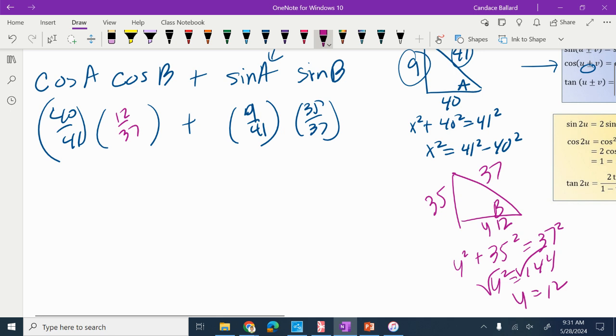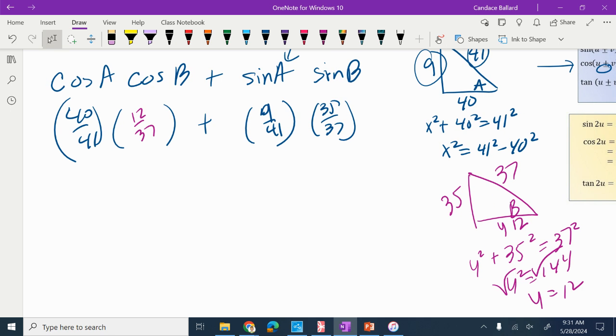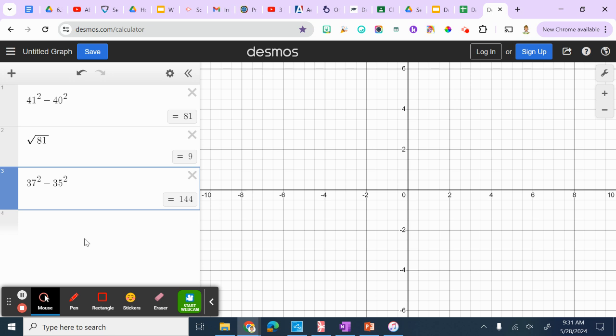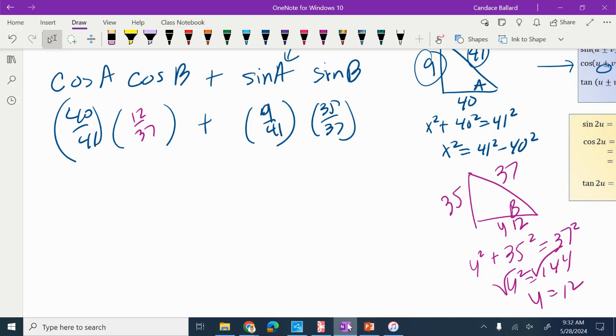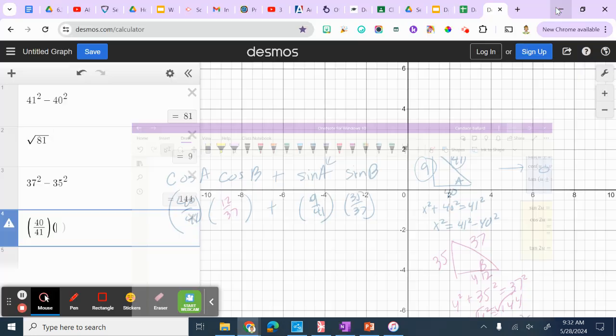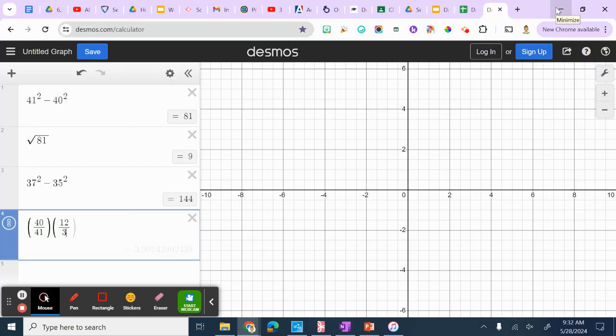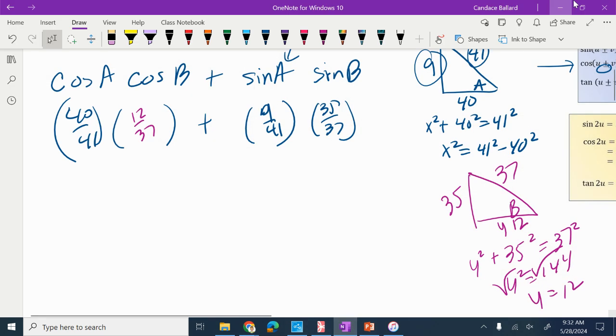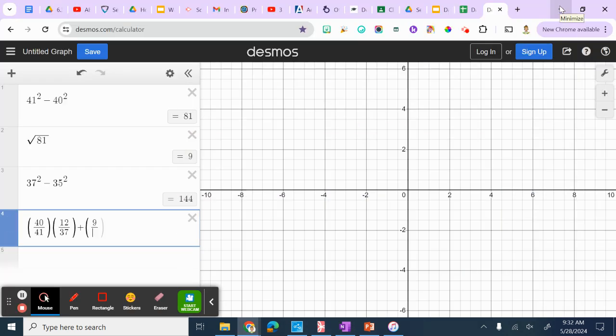And then I'm simply going to take this and put it into Desmos the way it looks. So 40 divided by 41 times 12 divided by 37, and then plus 9 divided by 41 times 35 divided by 37.